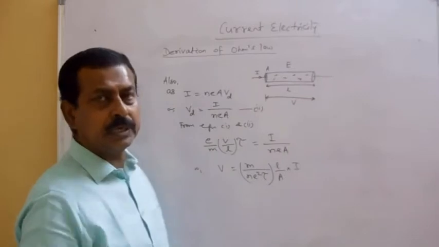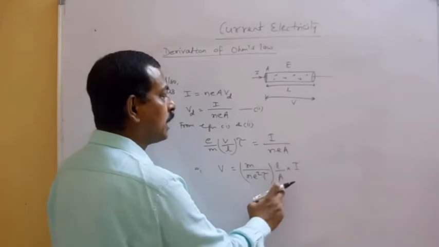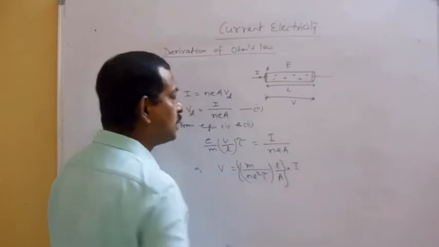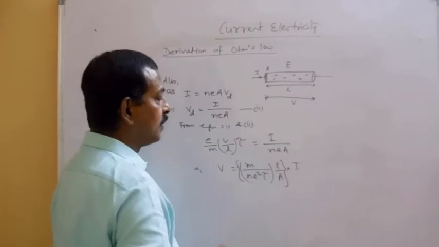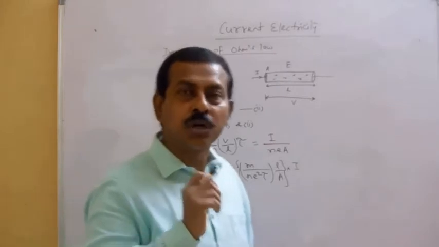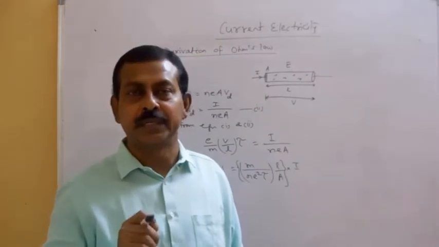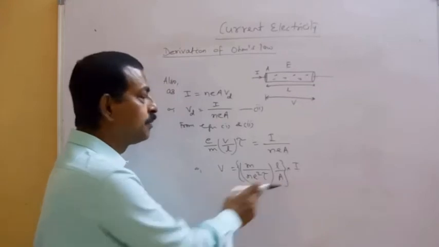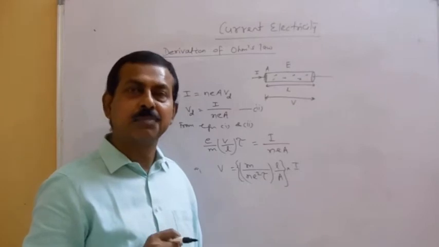If you transpose the terms there, you will get this expression that V equals m/ne² tau, L/A into I. Now, if you look at the term inside the bracket, this particular term m/ne² tau L/A is a constant for a given conductor of a particular material at a particular temperature.